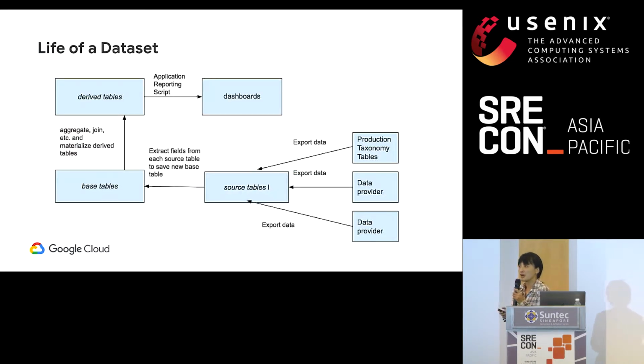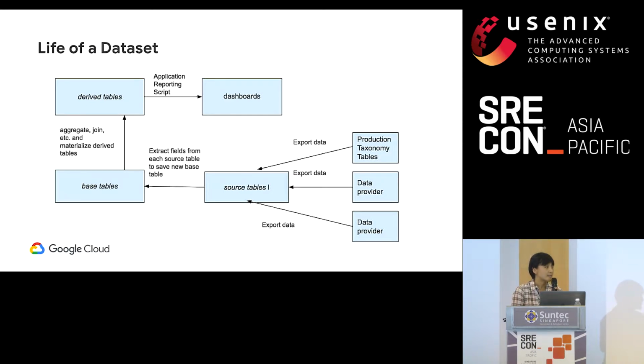From the perspective of data flow, here is a diagram showing the life of a data set. This diagram shows that all the different data sources can independently export data, and then all the source tables are being extracted so that useful, interesting data are combined together to generate a set of base tables.